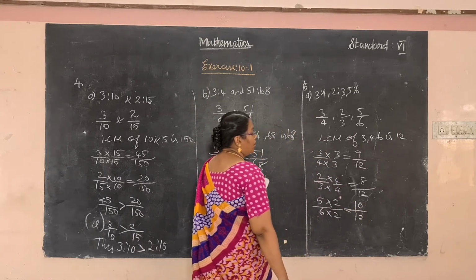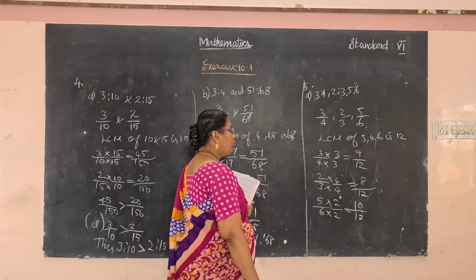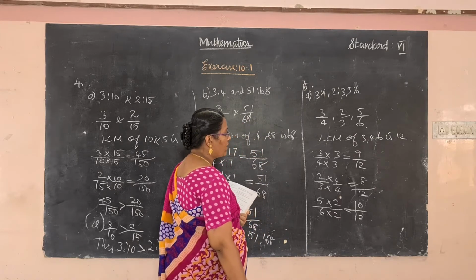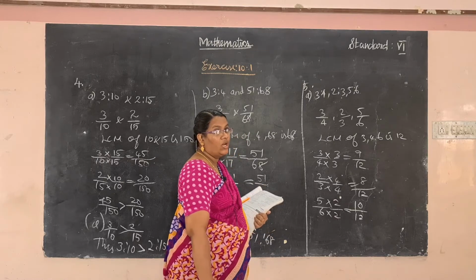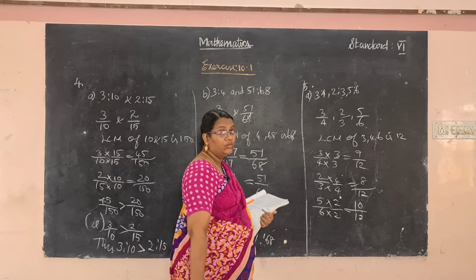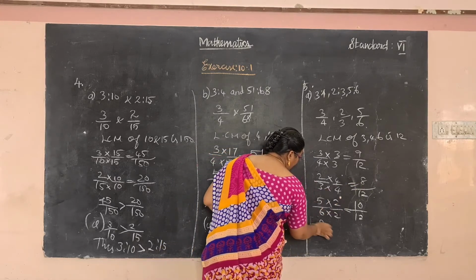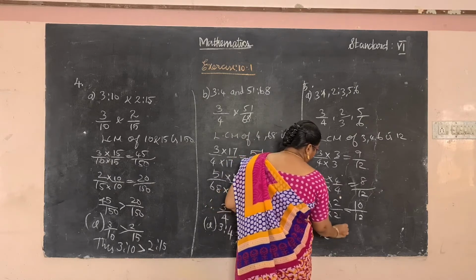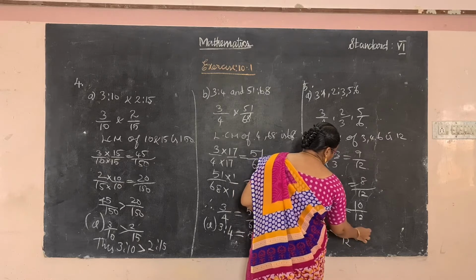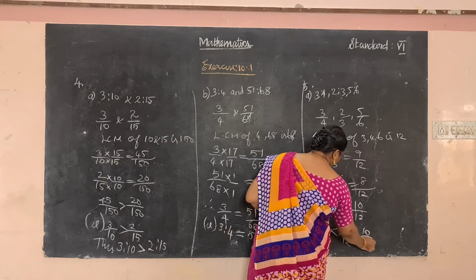Now the denominators, the consequent values, are equal, so compare the numerators. Which one is smallest? Write in the ascending order. Ascending order means writing from the smallest number to the greatest number. The smallest number is 8, so 8 by 12, then 9 by 12 and 10 by 12.